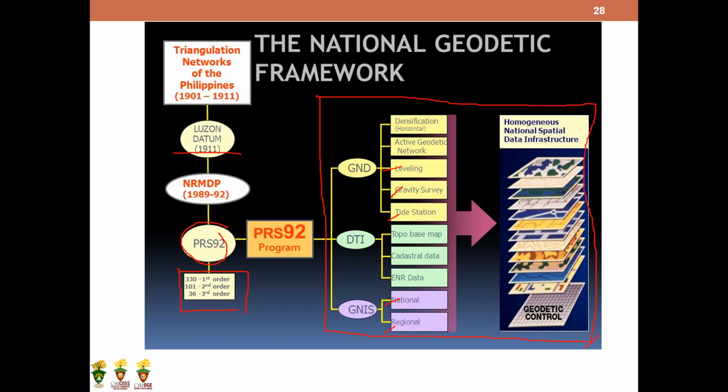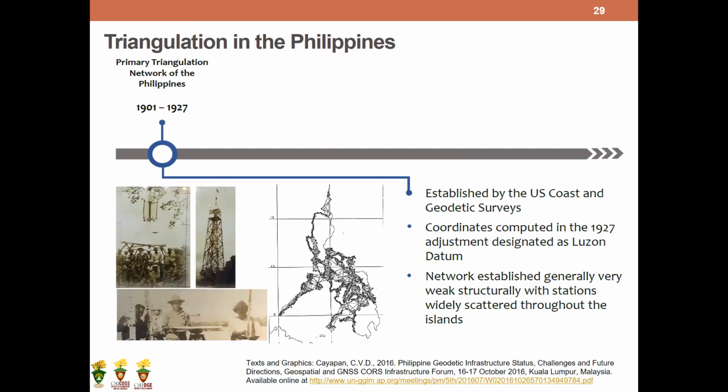So mas harmonious na, or what we call this one, holistic na ang approach ni PRS-92 since kay new technology ang gigamit, so daghan nga klase nga data ang pwede ma-gather. So this is the trend on the triangulation in the Philippines.